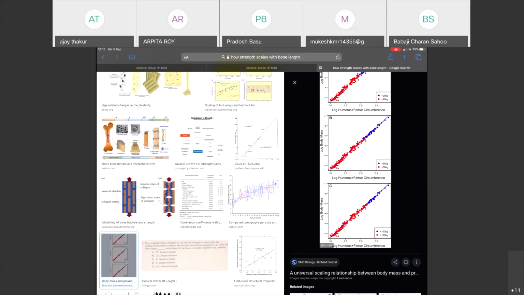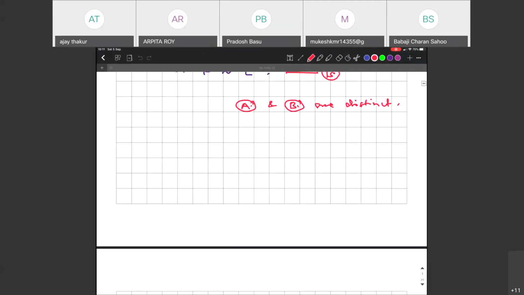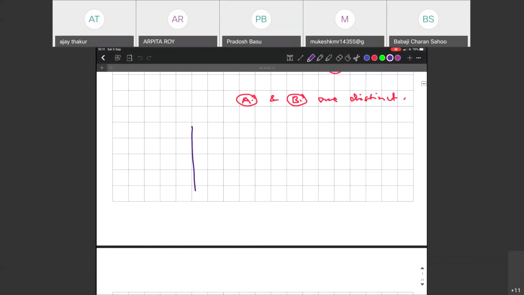Close to 3. So say suppose we are talking about a plot of log of circumference by log of mass, right?